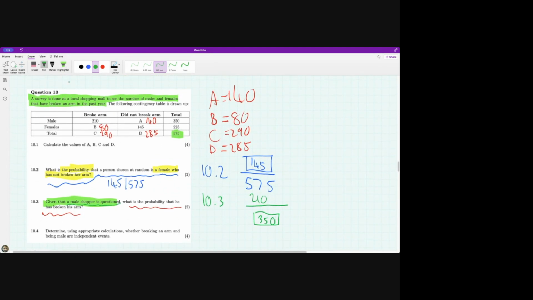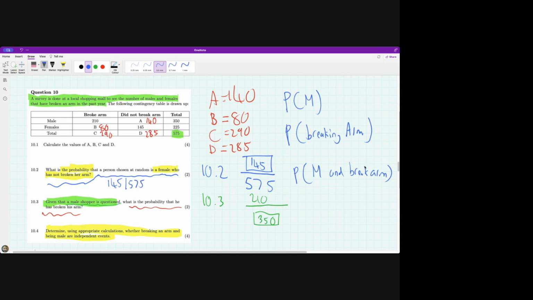Now it says, determine using appropriate calculations whether or not breaking an arm and being male are independent. So they've told me I need to work out the probability of being male, the probability of breaking an arm with no restrictions, and I also need to work out the probability of being male and breaking an arm.